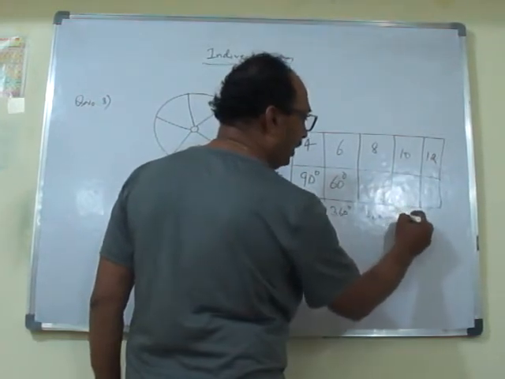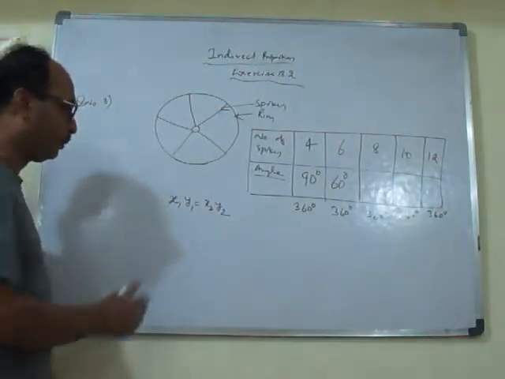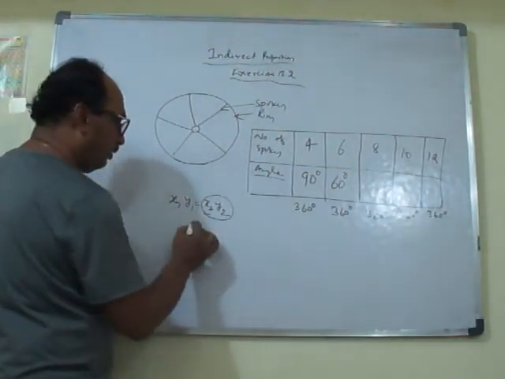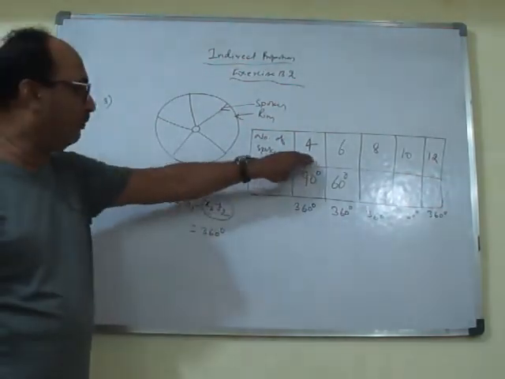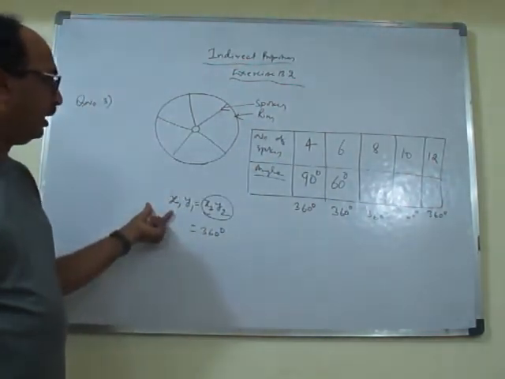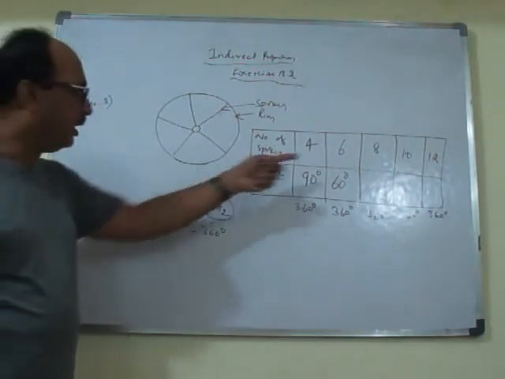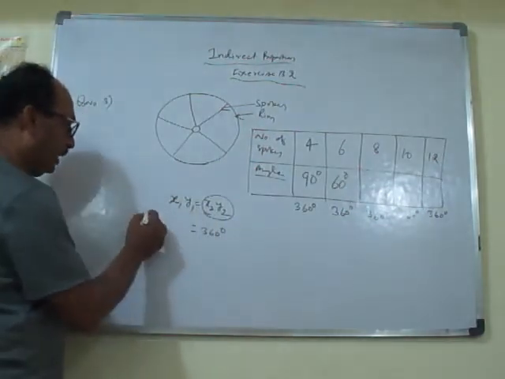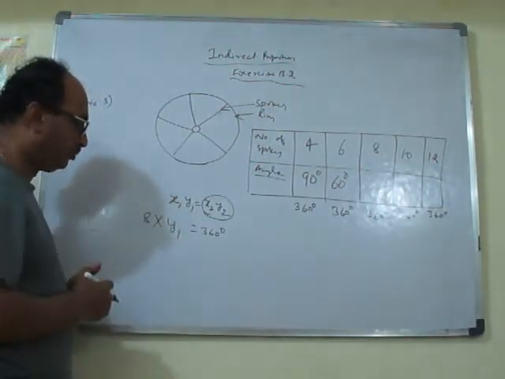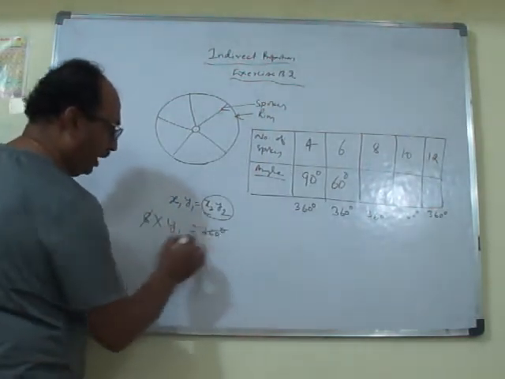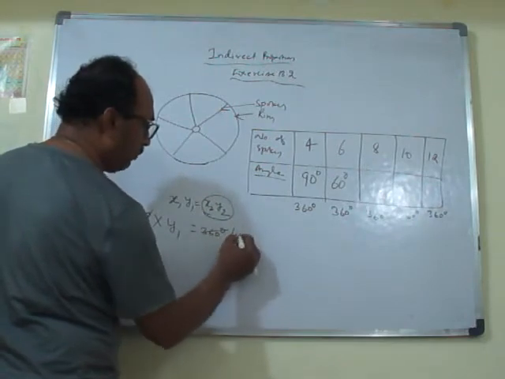Here also 360 degrees. So this product will always be equal to 360 degrees. Now suppose the number of spokes we take as x1 and the angle as y1. Then for 8, x1 is 8 and y1 we do not know. We need to find it out. So 8 4 is 32 and then 40, so 8 5 is 40.